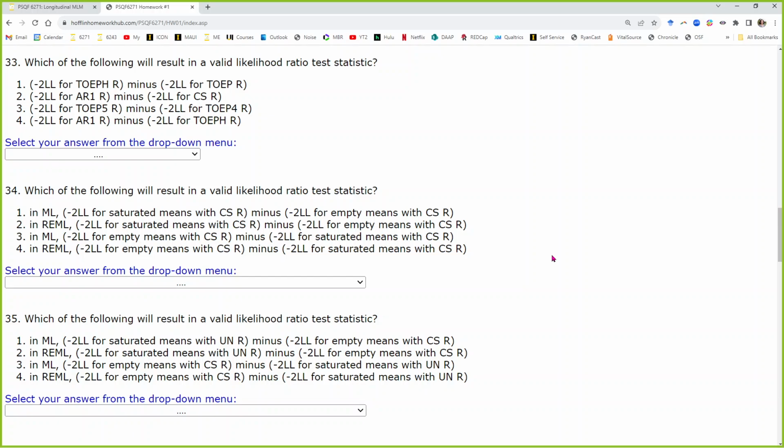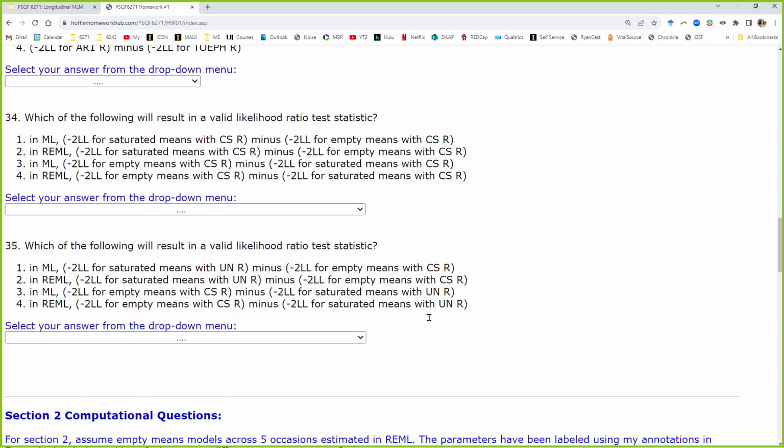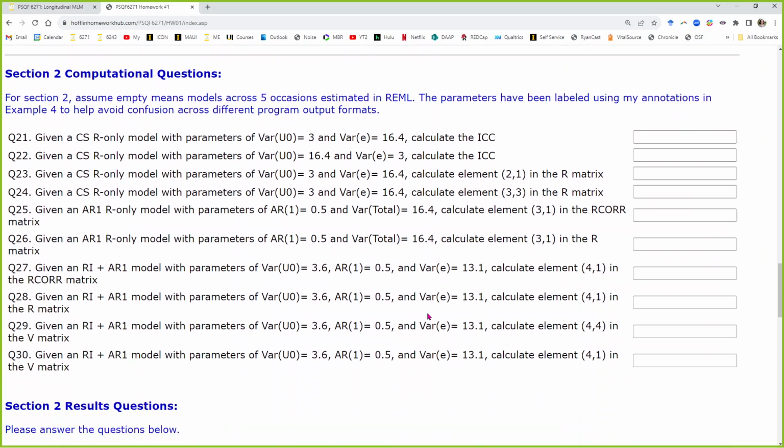So there's really 2 rules that you want to pay attention to. What kind of model comparisons are allowed within REML versus ML? And then which model has fewer parameters and which has more? Fewer has to come first. So I'm looking for you to demonstrate an understanding of those rules. So any questions on that thus far?